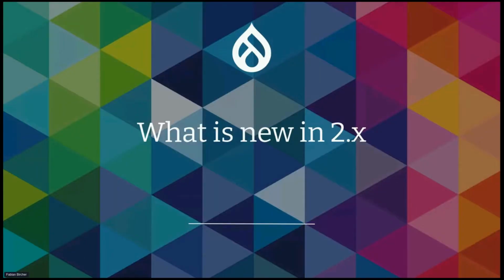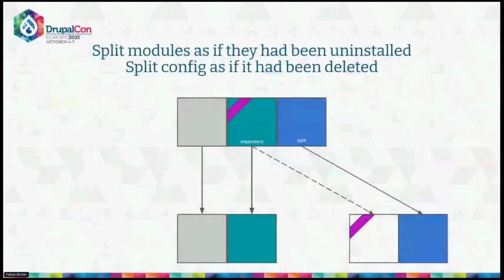So what is new in 2.x? The first difference that is fundamentally different is that modules are split off as if they had been uninstalled, and configuration that you mark as completely split is split as if it had been deleted.